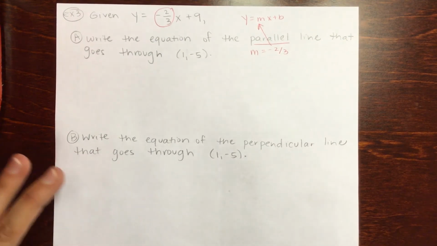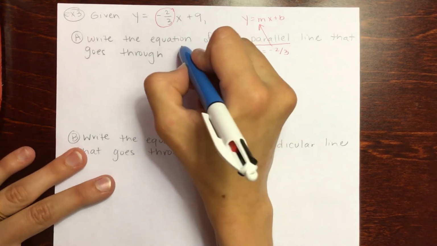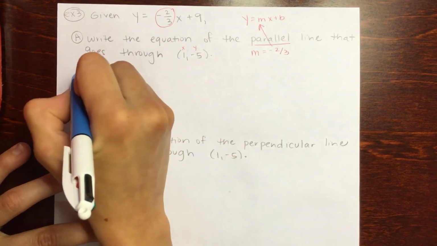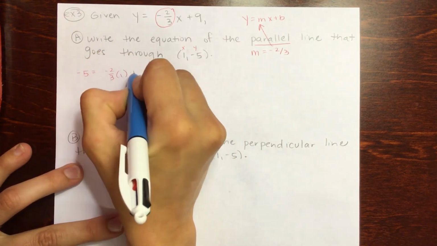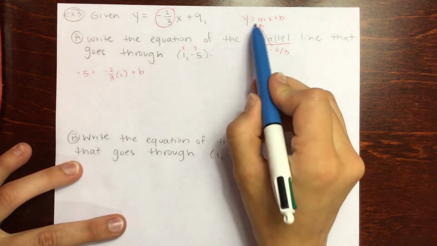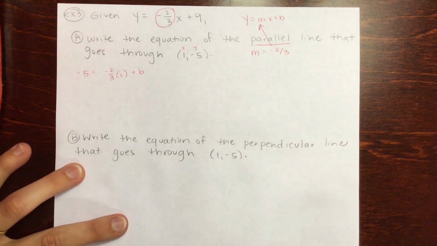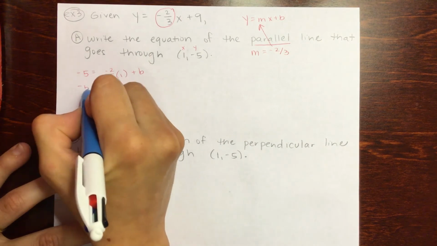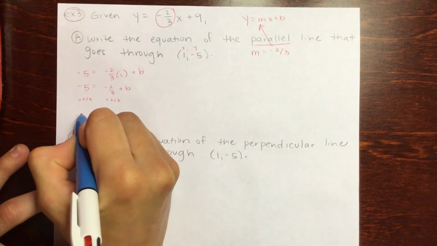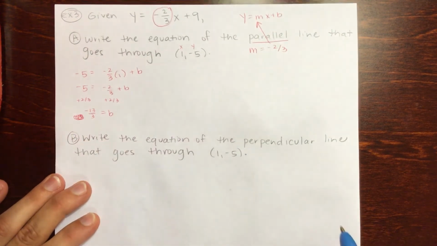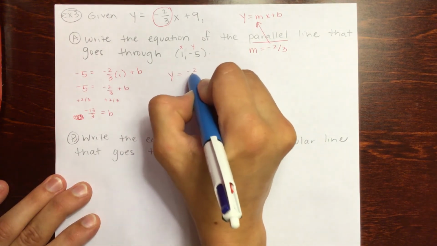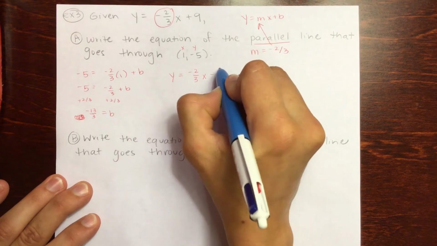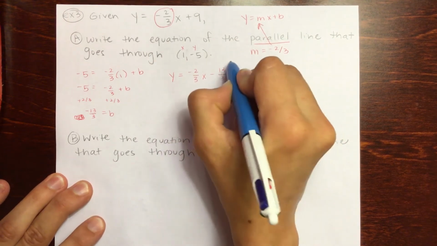Remember, there are two ways for you to do this. You can either write this as your x and your y, sub them in for the x and y here, and solve for b. Now that we know what b is, write the equation y equals mx plus b.